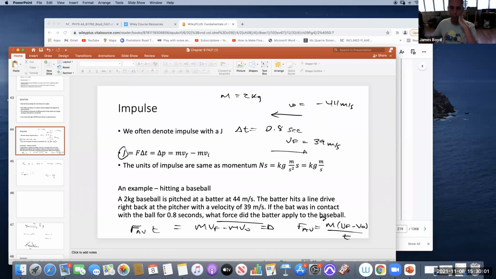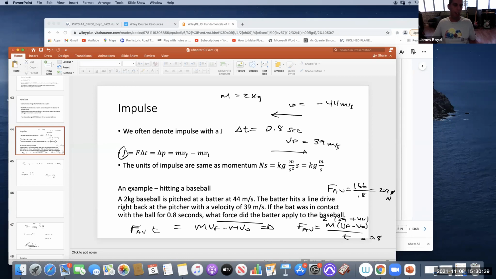Now m was 2, v final was 39, v initial was a negative 44, so this is plus 44, and the time was 0.8. So I have 2 times 83, I have 166 divided by 0.8 is my average force. 166 divided by 0.8 is 207.5 newtons.